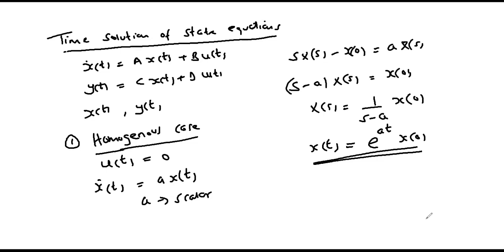Let's extend the same to when A is a matrix. We can write our x dot of t equals A x of t. We can write this in Laplace form as s x of s minus x of 0, the initial condition, equals A x of s.